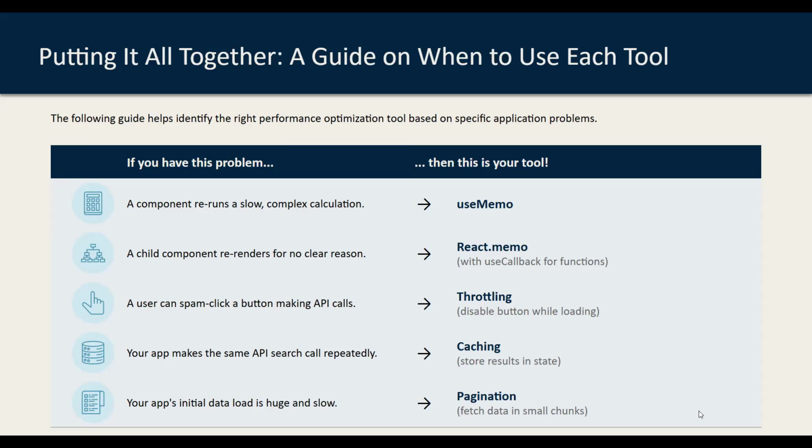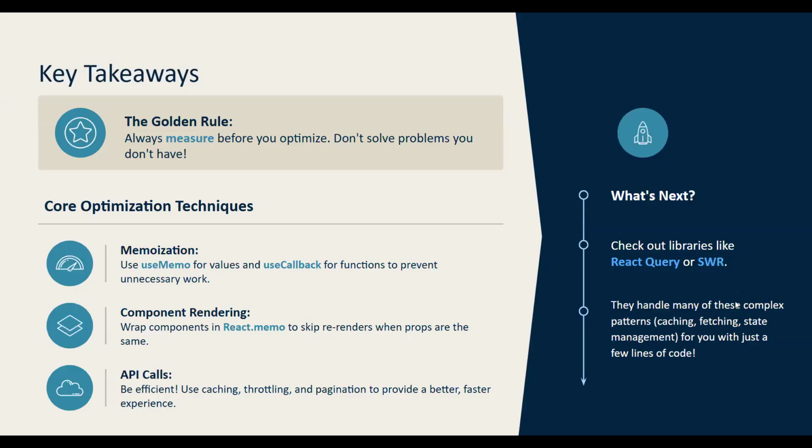As you can see, each tool solves a different kind of performance problem. The goal is not just to use all of them everywhere, but to identify what kind of bottleneck you are seeing and what kind of tools would be most useful there. These are some of the key takeaways from this presentation: you should always try to measure the performance before you optimize.